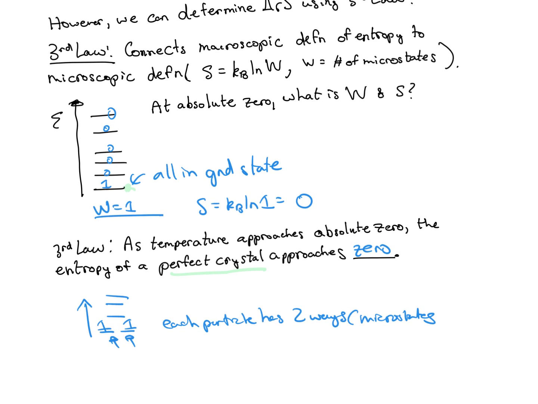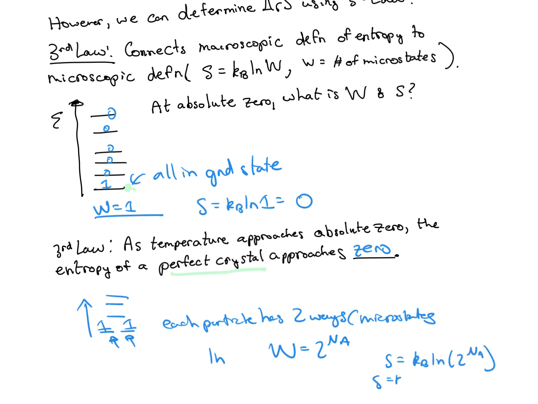A whole mole of particles has W equal to 2 to the power of NA, since each single particle has 2 microstates, so it's 2 times 2 times 2, Avogadro's number of times. Then S is equal to kB ln of 2 to the Avogadro's number.